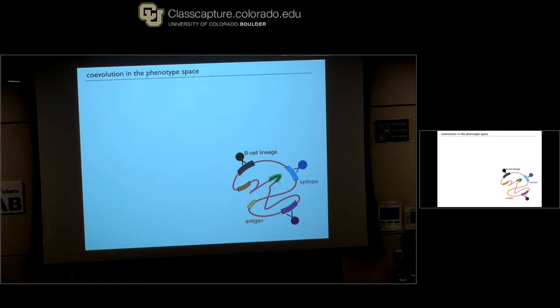So we want to extend our phenotypic evolutionary model to now a co-evolutionary case. Imagine the pink thing is a viral genome or viral envelope, and there are regions on the viral envelope called epitopes that are targets for B cell receptors or antibodies.